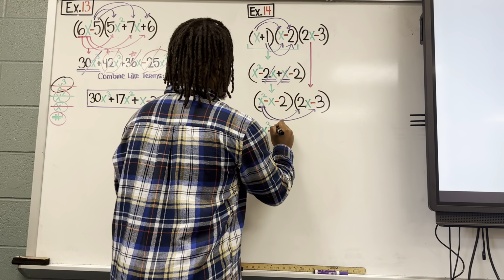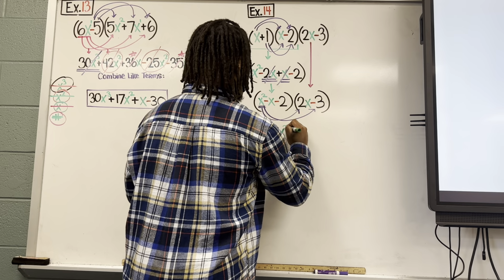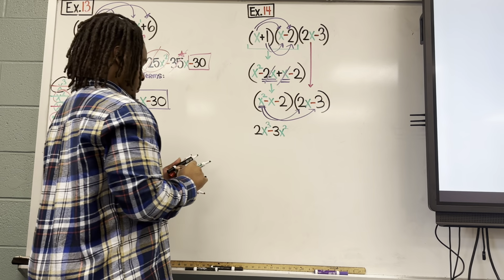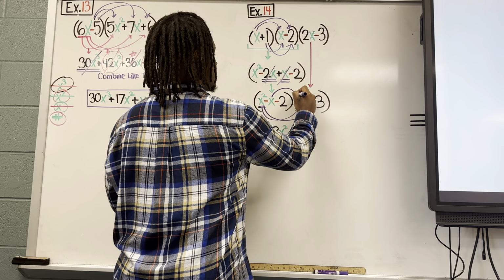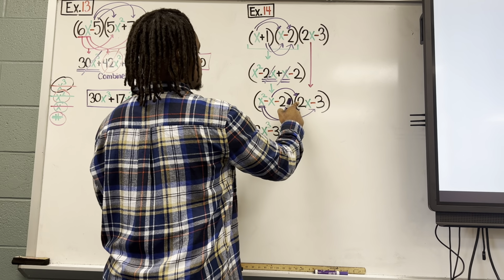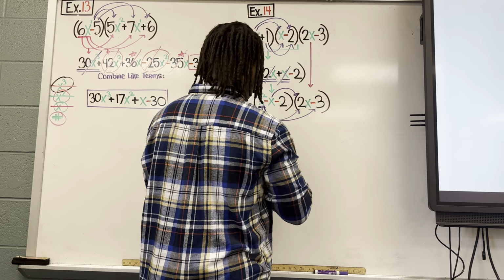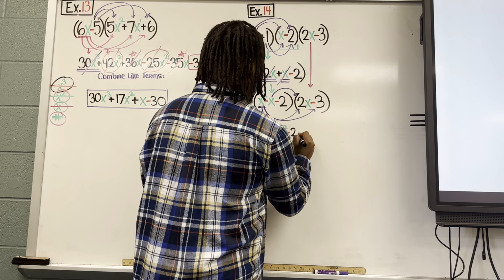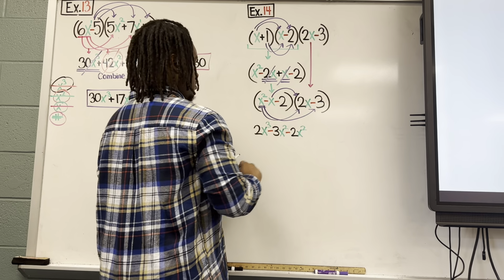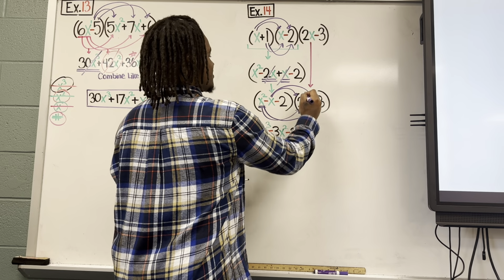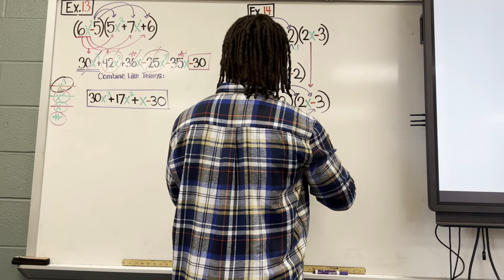Or minus 3x squared, however you want to say it. Okay? All right, the next part, I'm going to do negative x times 2x is going to be a negative 2x squared, so I'm going to put minus 2x squared. Okay, x times negative 3 is going to be a positive 3x, a plus 3x.